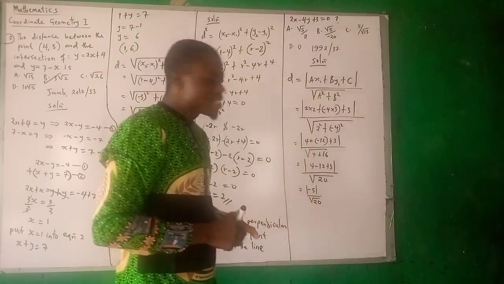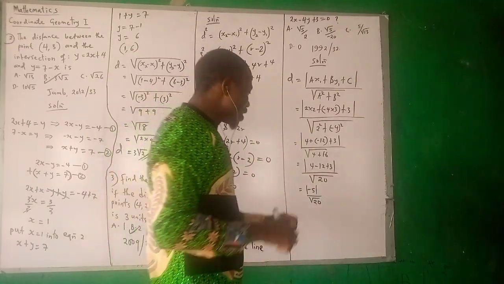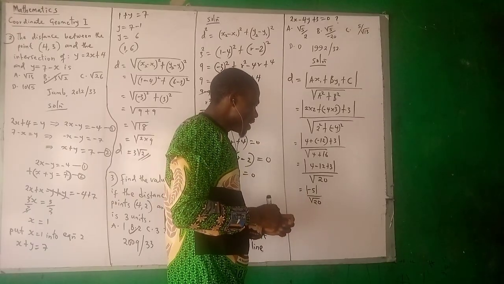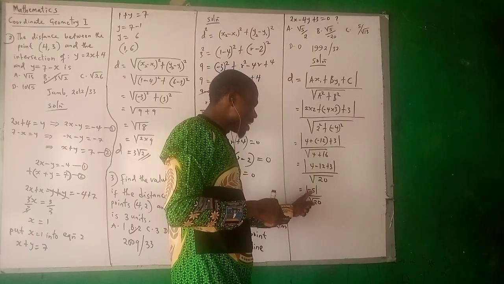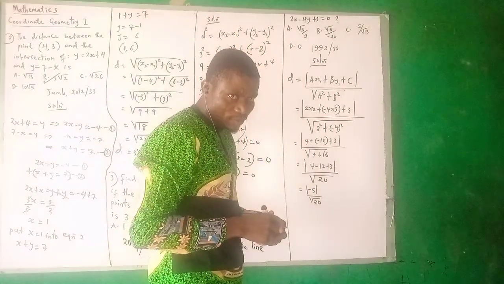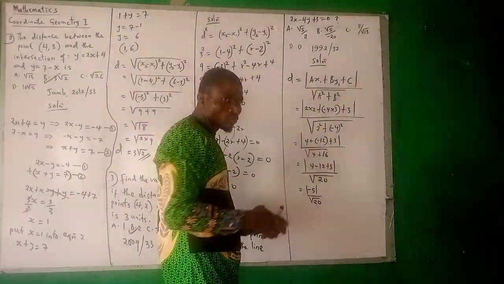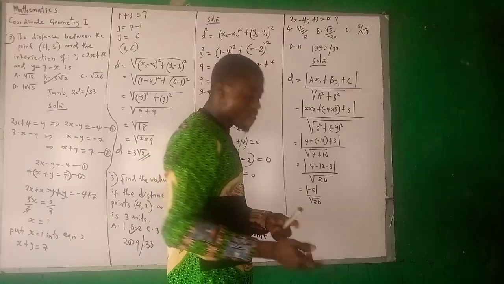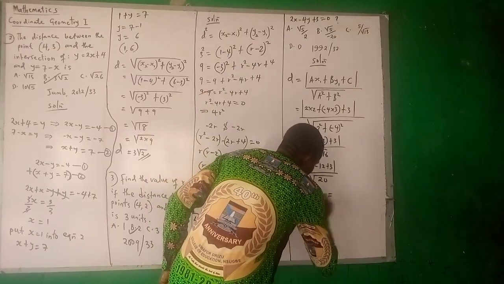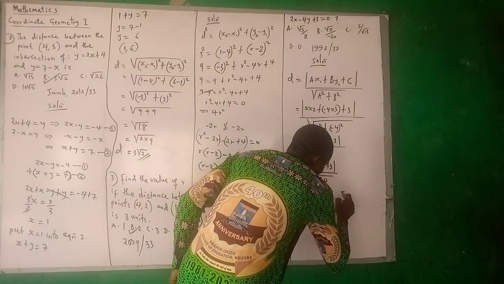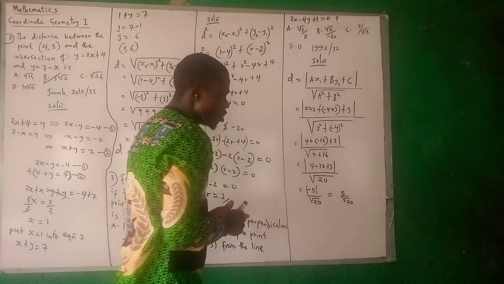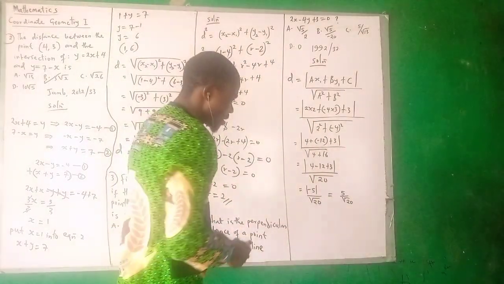Now, that is where I'm going to apply the meaning of absolute value. Absolute value implies that the answer I get here must not be negative, right? Now we have minus 5, convert to 5. That's the meaning of absolute value. And that will give me 5 over root 20. Now in roots, we rationalize, right?